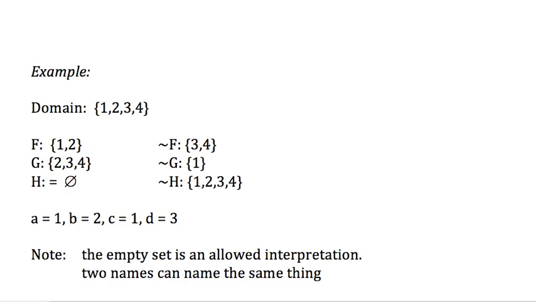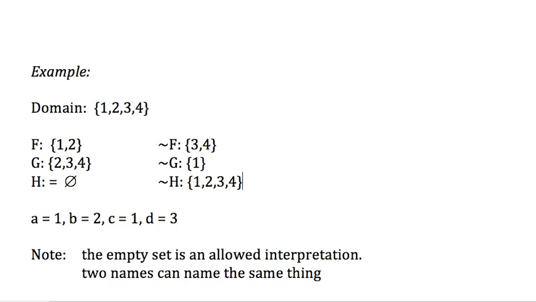Likewise, when we go on to names, in this case, I've let A name the number 1, B name the number 2, C also name the number 1, and D name the number 3. We don't have to have a name for everything in the domain, and one thing can be referred to by 2 different names. That sometimes happens.